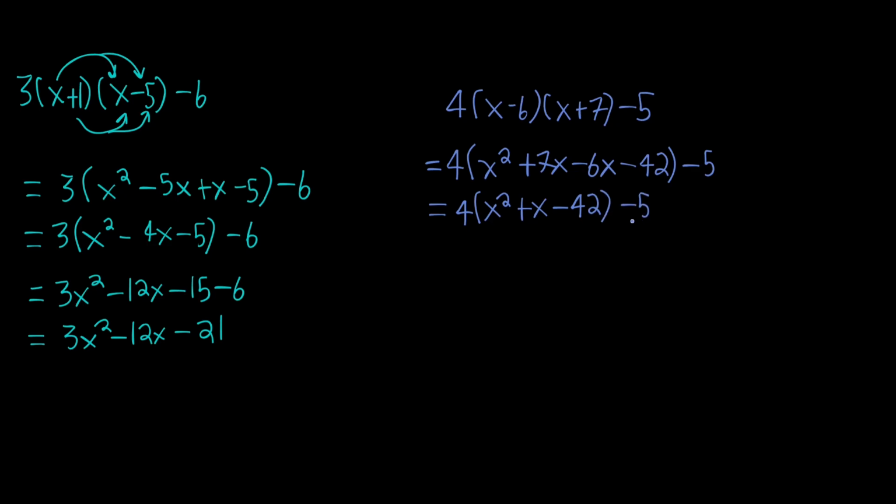Now this 4, again, can distribute to the inside, which is going to give me 4x squared plus 4x minus 168 minus 5, or as my final answer, 4x squared plus 4x minus 173.